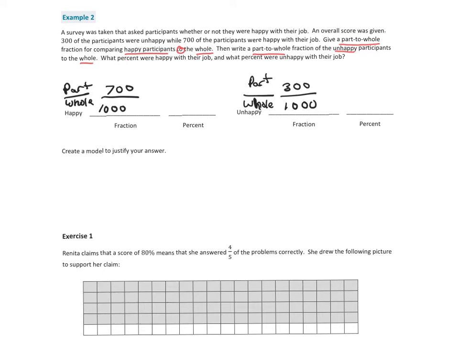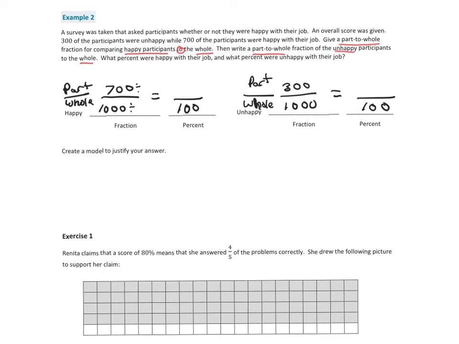Sorry. So, to find out the percent, we need to make our equivalent fraction, and we need to make it 100, because anything over 100 will get us our percent. Now, that means we have to get from 1,000 to 100. So to get there, we're going to need to figure out what we divide them both by. 1,000 divided by what will give me 100?